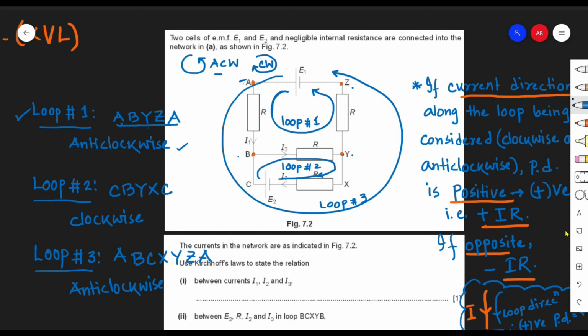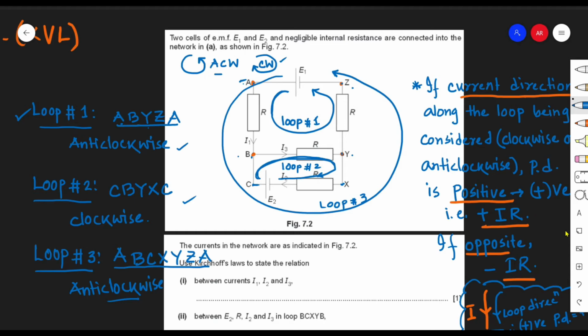Look at this. In the loop ABYZA, current I1 is driven from the battery E1, from the positive terminal. Look at the direction of the current, I1. Loop 2 that I chose is CBYXC, and I chose it clockwise.